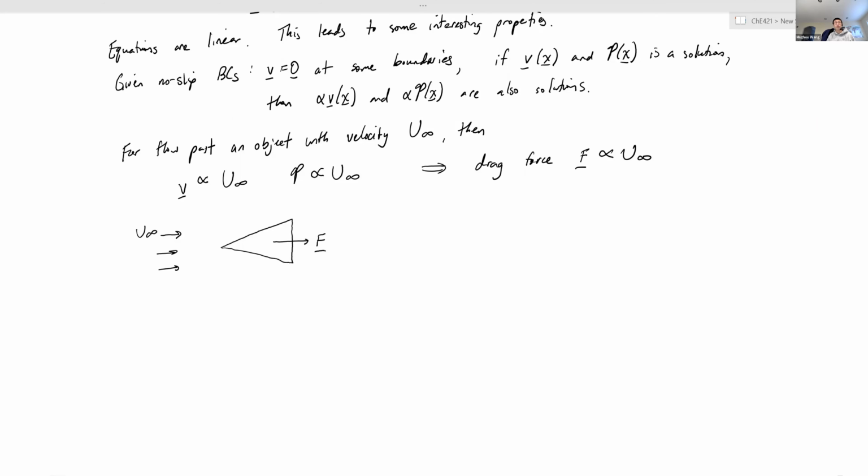This implies from linearity that if I were to reverse the direction of the flow, in other words, multiply my entire velocity profile by -1, then that's an equally valid solution. And as a result, I can also multiply my drag force by a factor of -1.